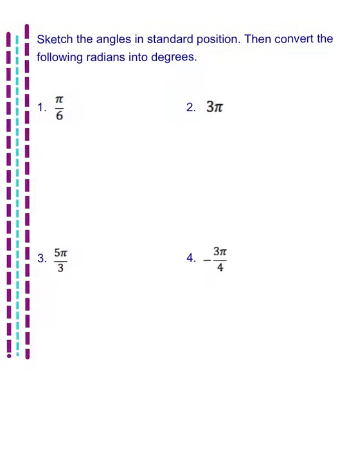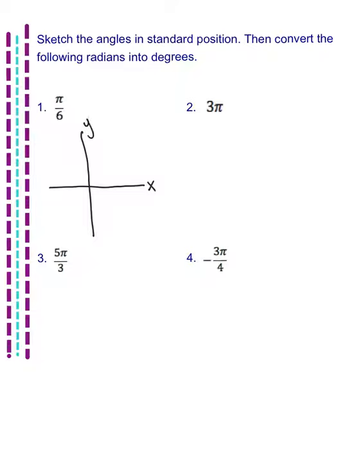And now we should do the opposite, where these angles are given in radians, and I want to convert them into degrees. And let's try and sketch the angles first using the radians before I convert. So the first one is pi over 6th, 1/6 of a pi.